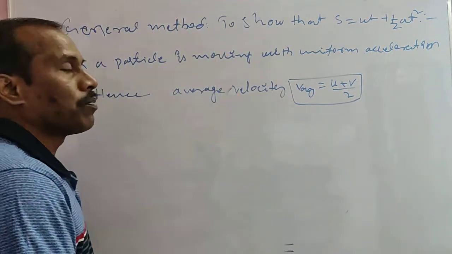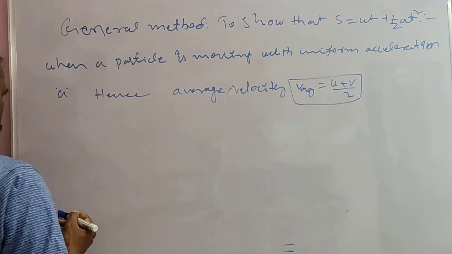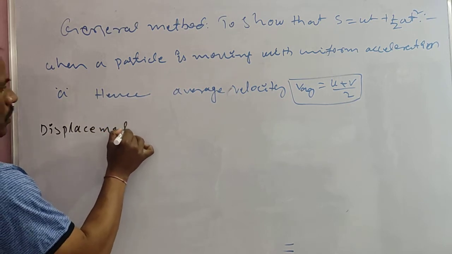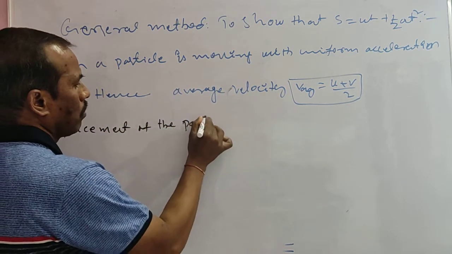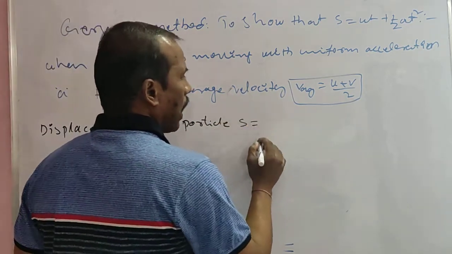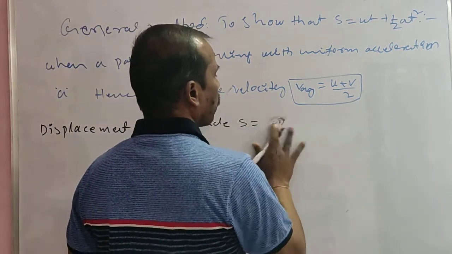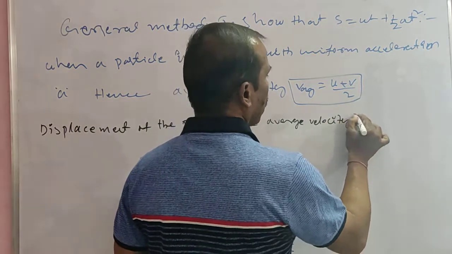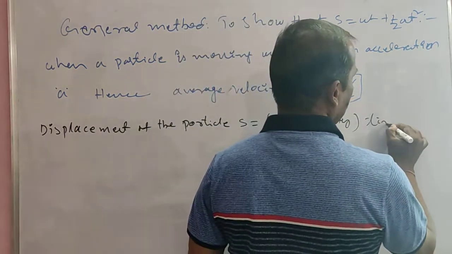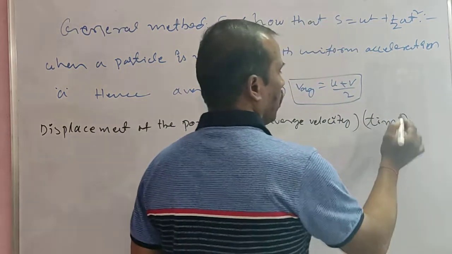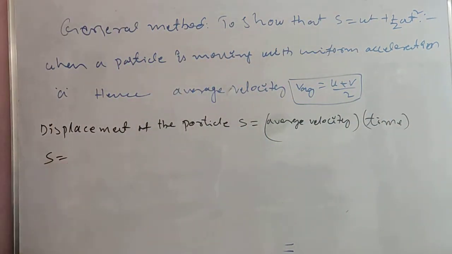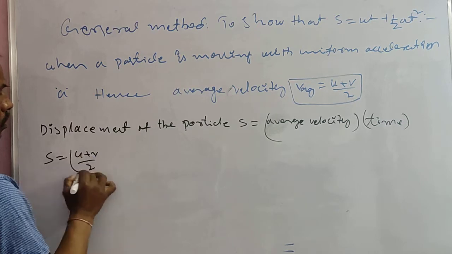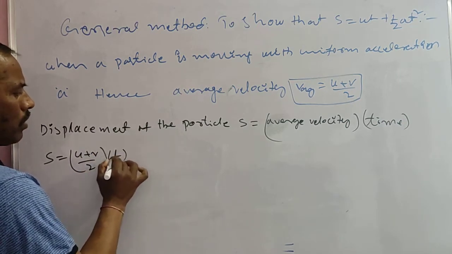The displacement of the particle s is equal to average velocity into time, which is u plus v by 2, and time t.